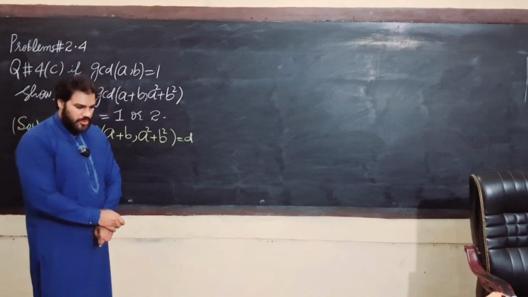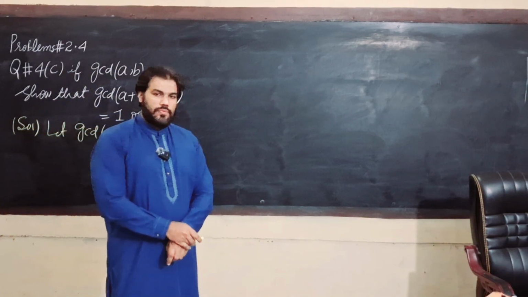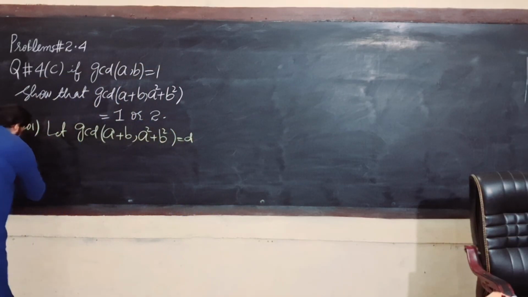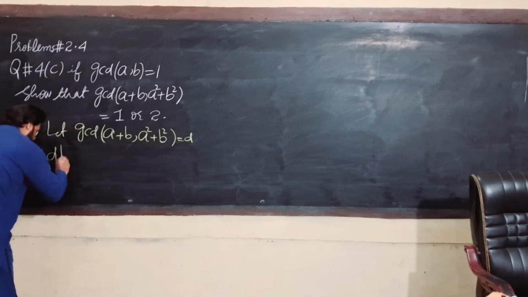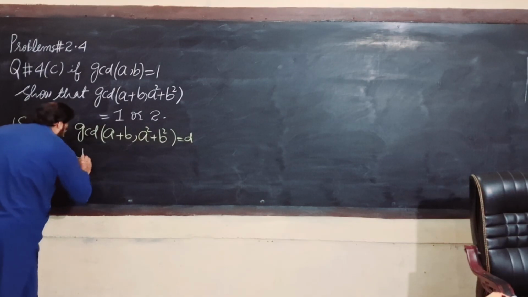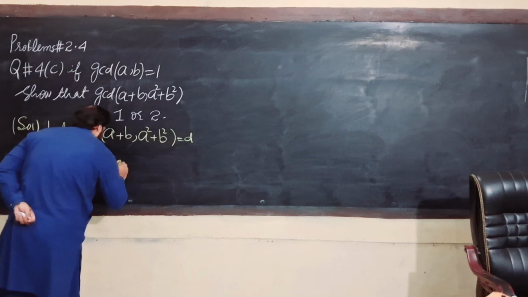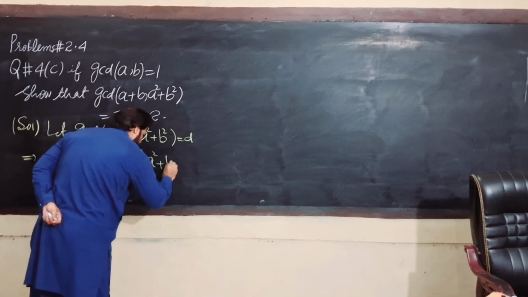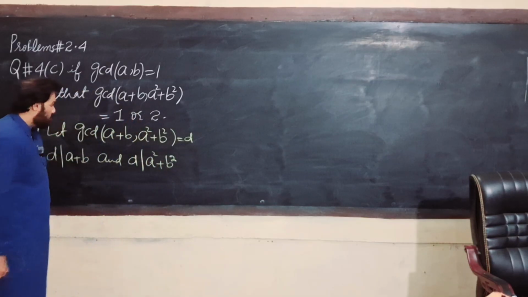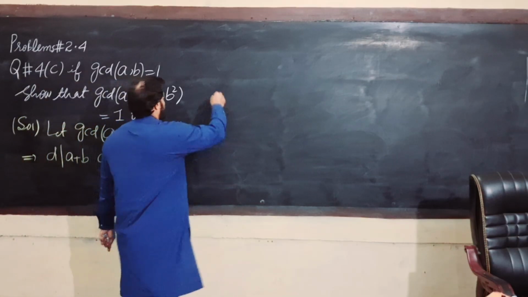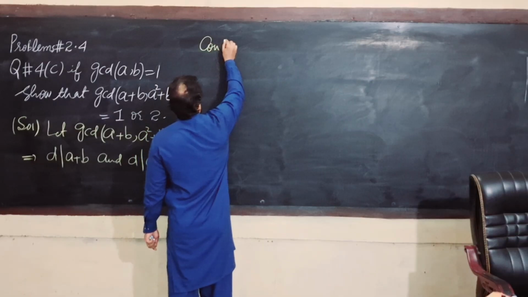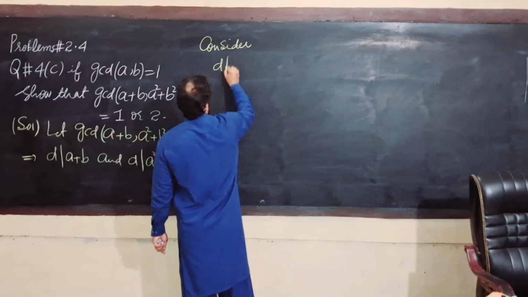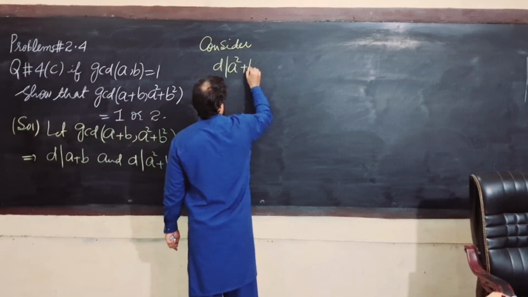If D is the GCD of these two numbers, then by the definition of GCD, D must divide both numbers. It means D divides A plus B and D also divides A square plus B square. Now consider the expression D divides A square plus B square.